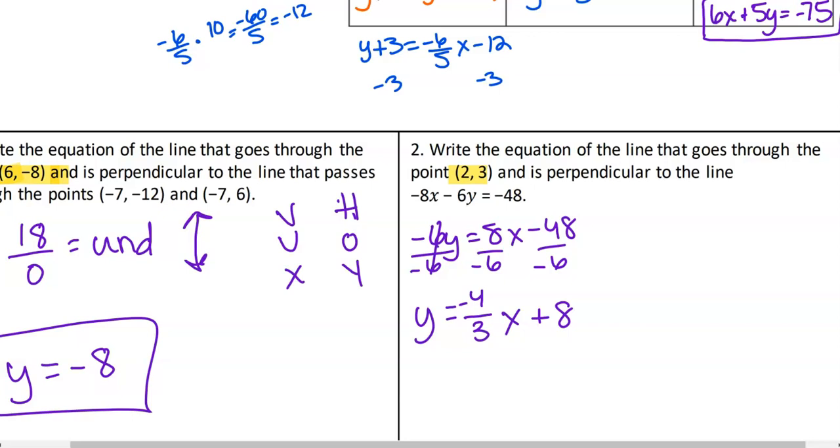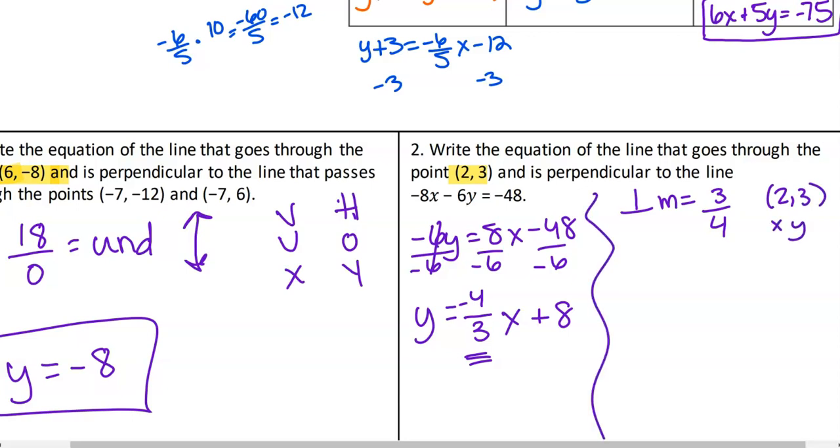So this is my slope. Is this what I'm going to use in my new equation? There you go. Oh, almost. Positive 3 over 4. Yeah, so flip my fraction, flip my sign. So my perpendicular slope is going to be positive 3 over 4. And they gave me the point 2, 3 to use for my x and my y.